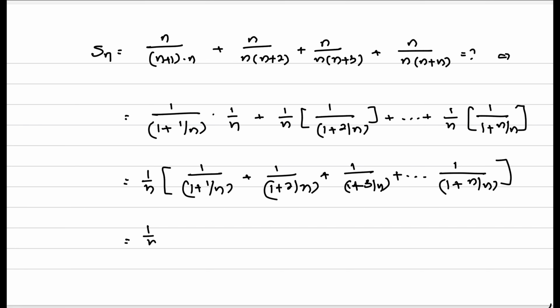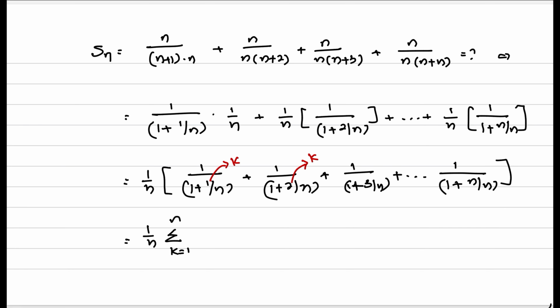1 by n into the sum for k equal to 1 to n. Let us take some k value instead of n. Let this value be k.